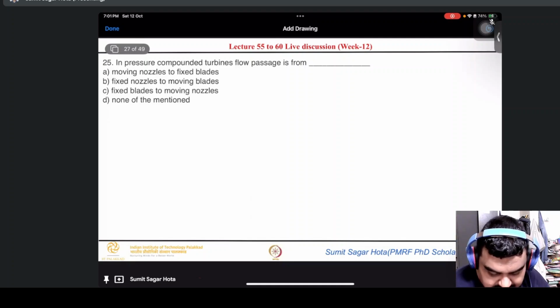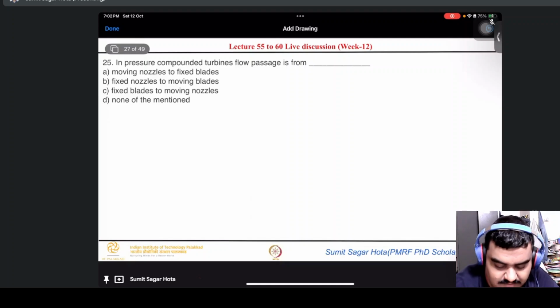Next, in pressure compounded turbine, flow passage is from dash. This is from fixed nozzle to the moving blades.